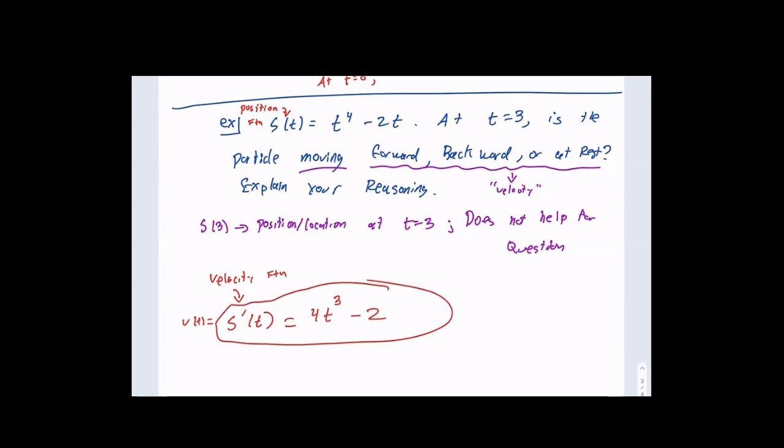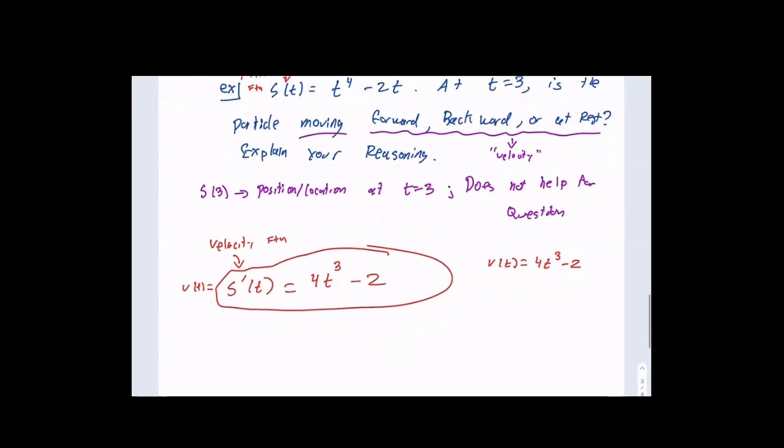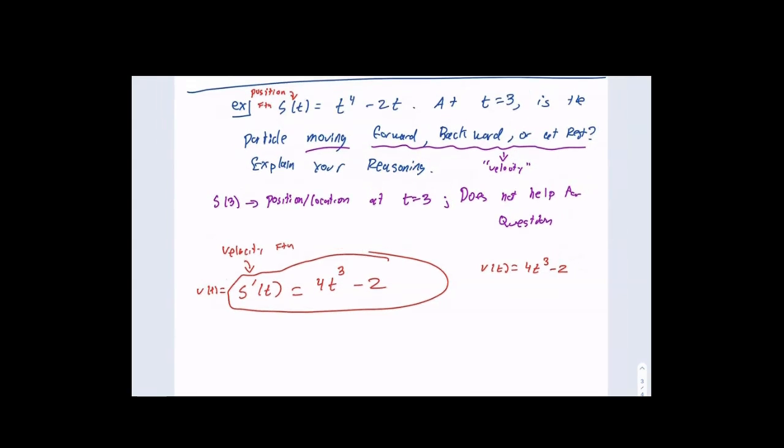So there's my velocity: 4t cubed minus 2. It's just a power rule. There's no algebra manipulation needed. You take the derivative of that position, and now you have velocity. In some problems, I'll give you that directly, and I'll just say v of t is this. So in some problems you're just given the velocity.